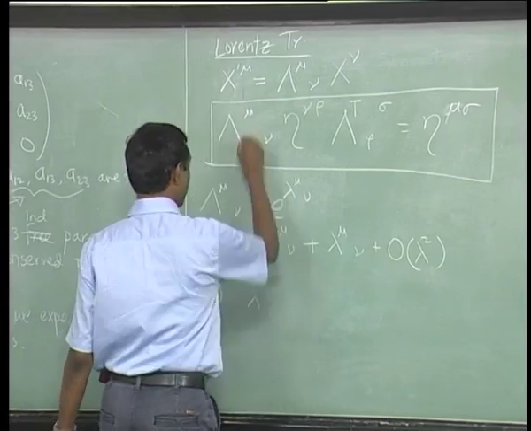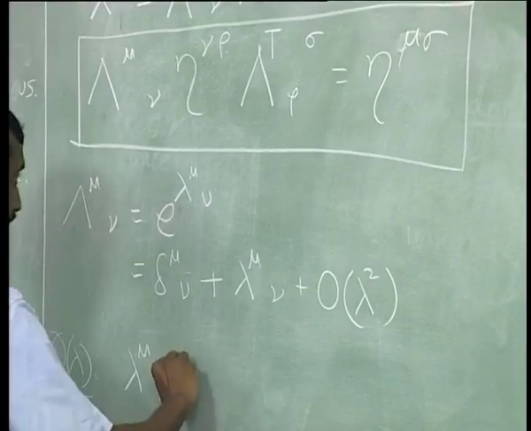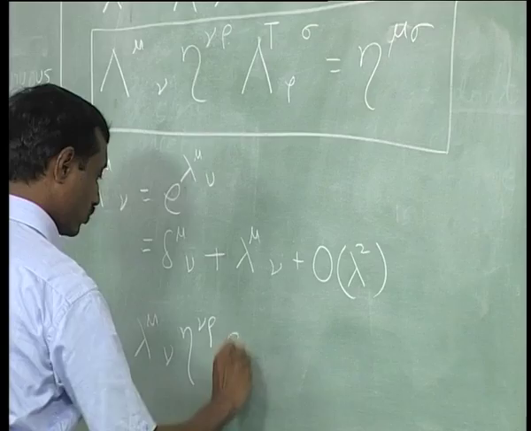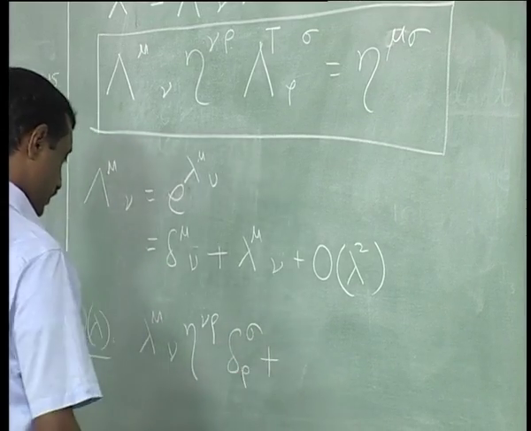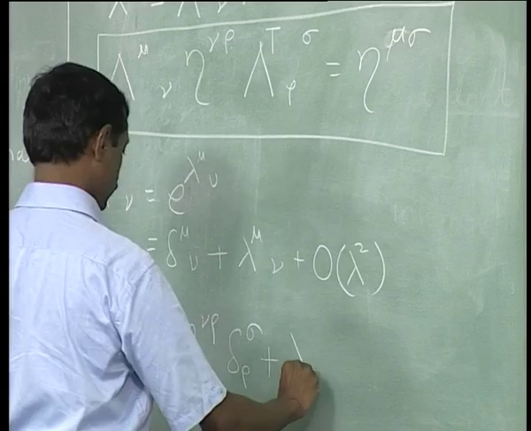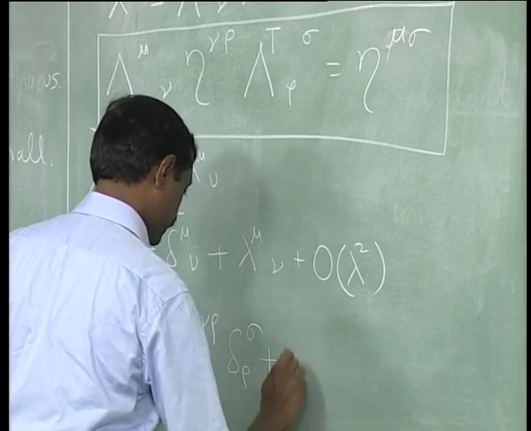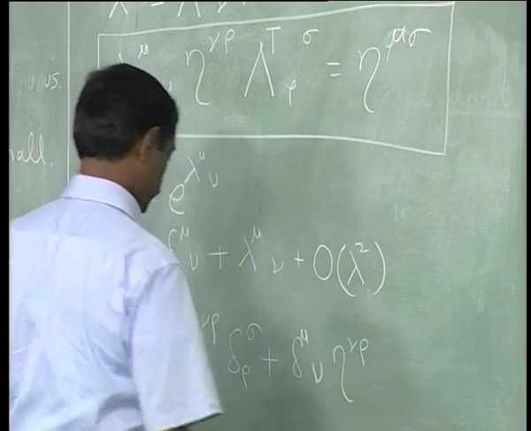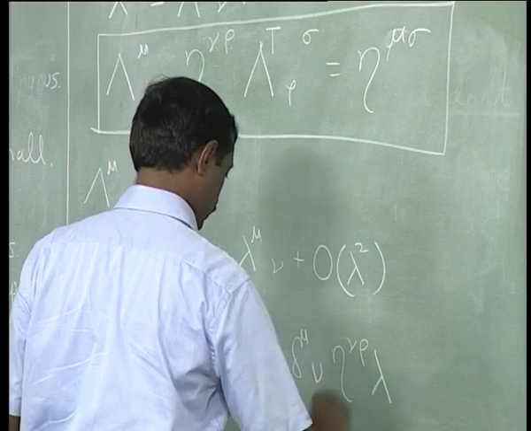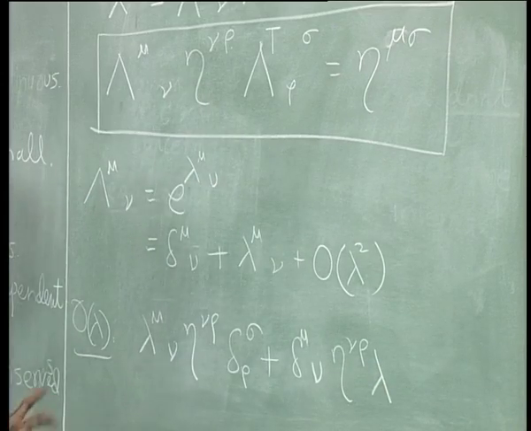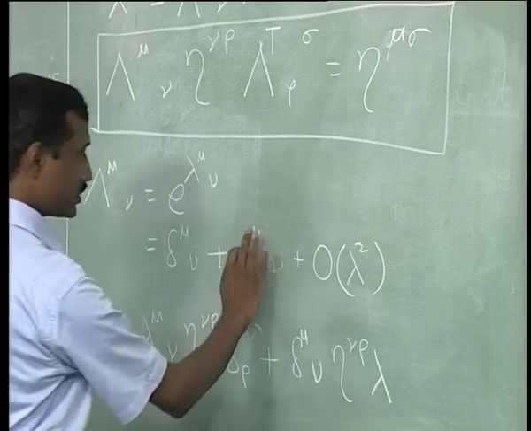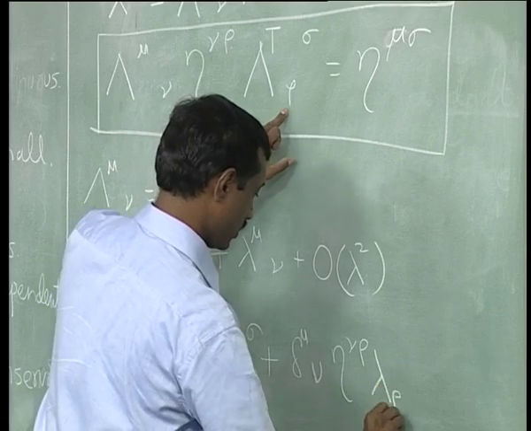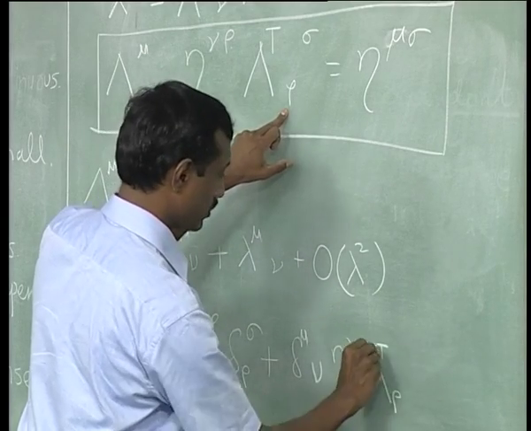One is replacing this, and this has to be now a delta rho sigma plus, now the next one has to be delta. So this has to be transposed, so these 2 indices will be exchanged. So, this would be a rho, just remembering.